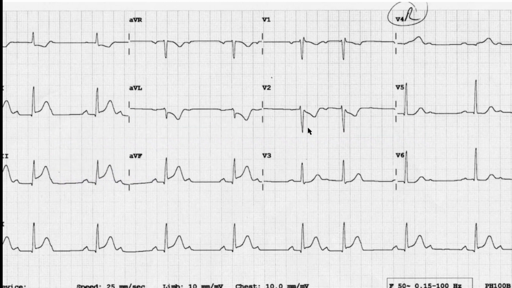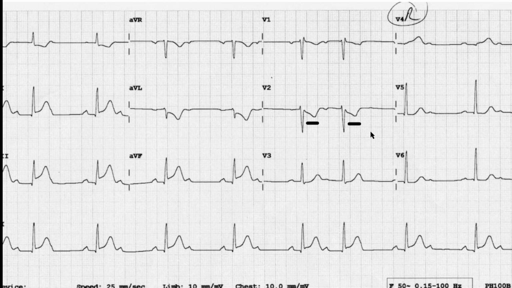Other findings include an ST depression of about 1 millimeter with T wave inversions in lead V2. The presence of ST depression in lead V2 means that possibly there is posterior wall involvement.